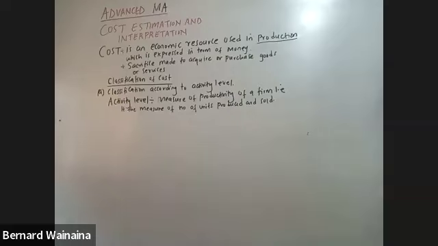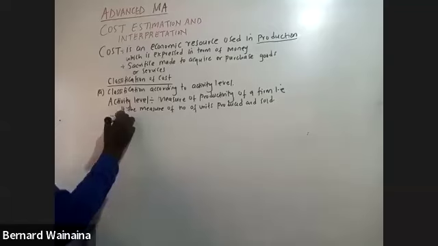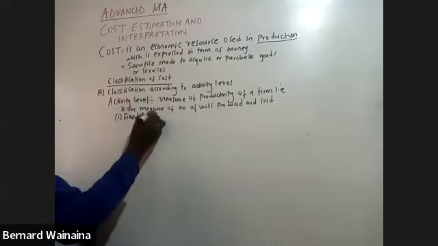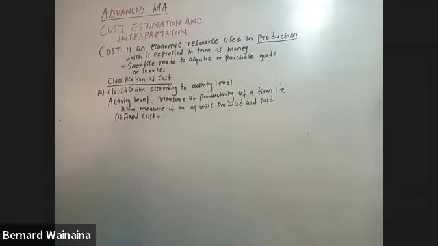if we want to define activity level. Now, let us see some of the classification according to activity level. Number one, we have the fixed cost. Remember, these are costs which remain constant. They do not change with the level of activity. So when the level of activity changes, or even when you produce more units, the cost will remain the same.